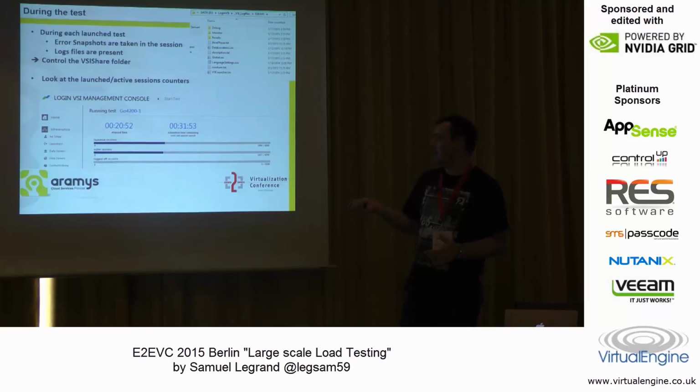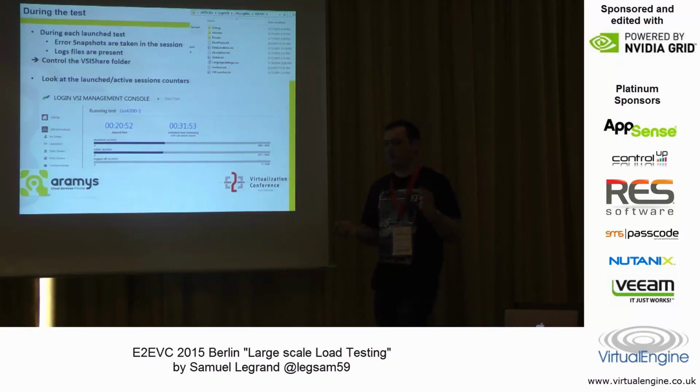It is normal to have a small difference between them because you have about 10 to 20 seconds of login time, and as you inject a lot of users, you have this difference. So this is quite normal.